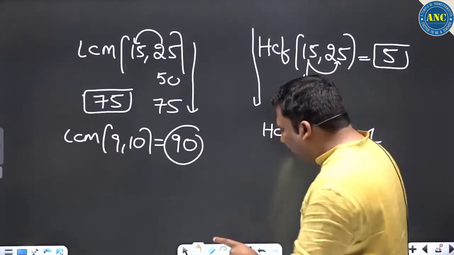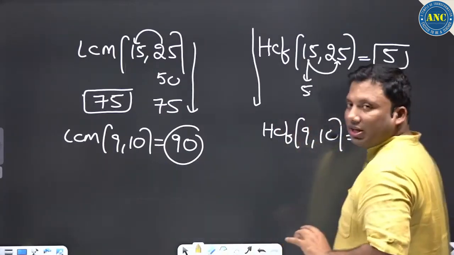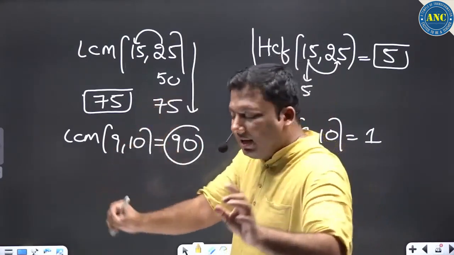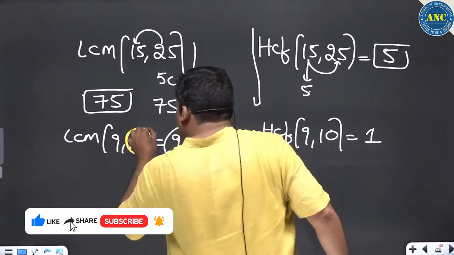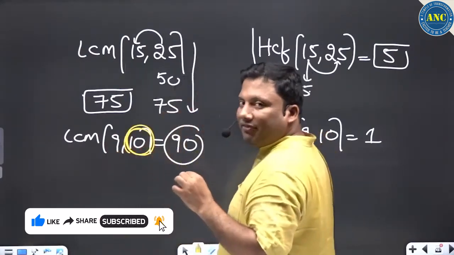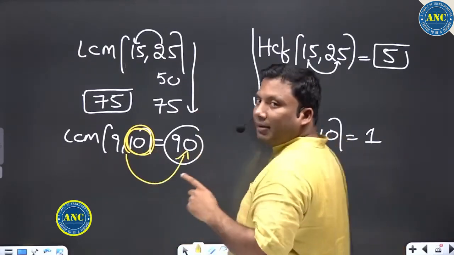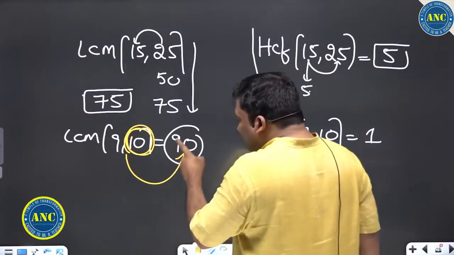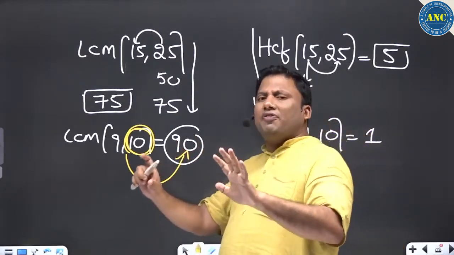Now, a very, very important key point. Listen carefully. Whenever you are doing an LCM, if one number is divisible by 5, the answer will also be divisible by 5. One number is enough.